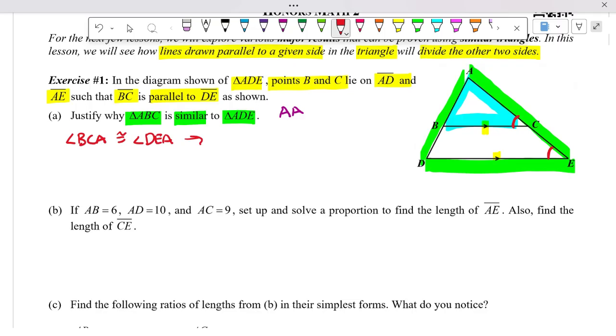Nope. Nope. Corresponding why? What makes those corresponding? So if it helps, guys, extend these lines.